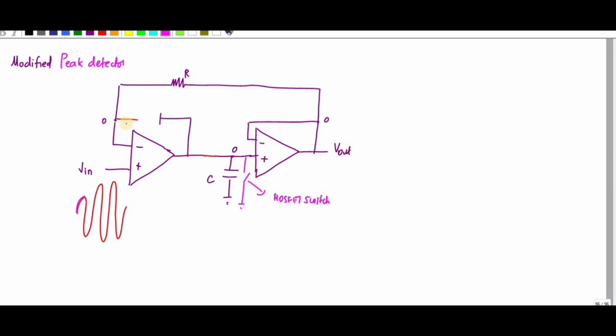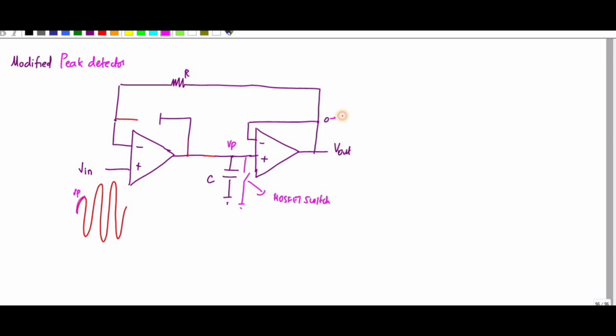Once the signal starts to decrease, if my VN starts to decrease, before that it will charge up to VP, right? So let me take this point, now it is VP.